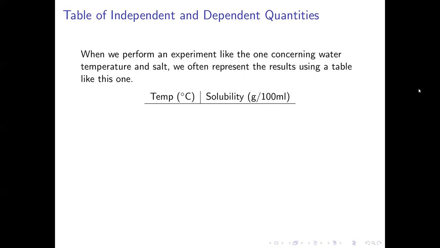Maybe that's measured in degrees Celsius. And then in another column, we'll have the solubility, here measured in grams per 100 milliliters, of the salt in each sample of water at each temperature. So here might be some results that we obtain. This would be what we do when we actually run the experiment.